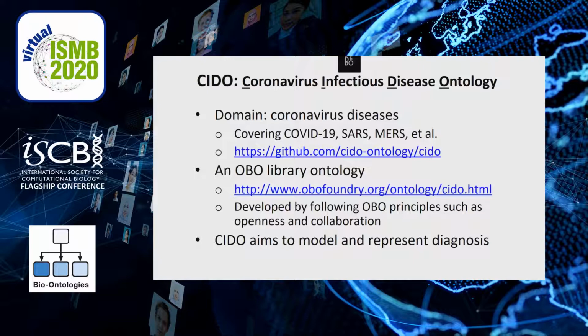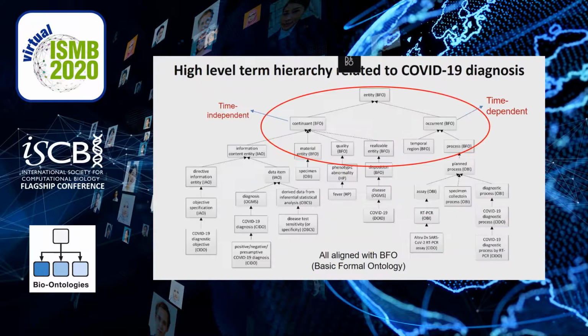OBO means open biomedical and biological ontology. It's a consortium. And CIDO aims to model and represent the diagnosis. Of course, we have also modeled other aspects like etiology, vaccine, drugs, but today we focus on diagnosis.